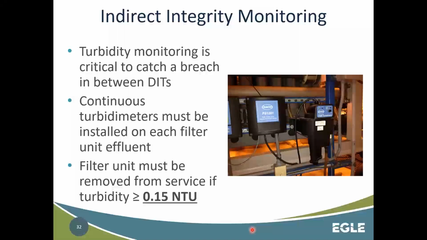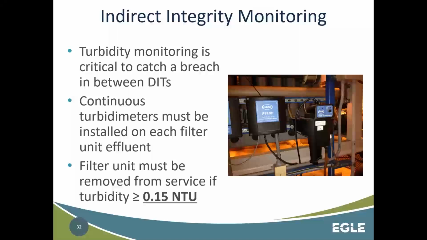And so the way I think of this in my simple mind is your indirect integrity monitoring with your turbidimeters. Think of that as like the oil pressure gauge displayed on your dashboard. Anytime you glance at it, you can see what your oil pressure is doing, but you're relying on an instrument. It's not actually looking at the oil.